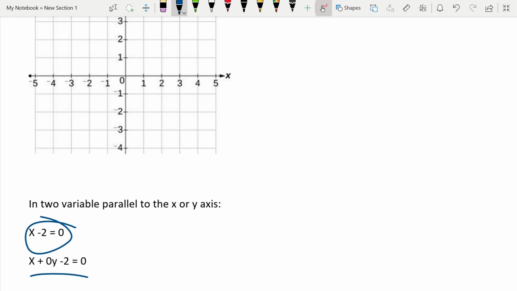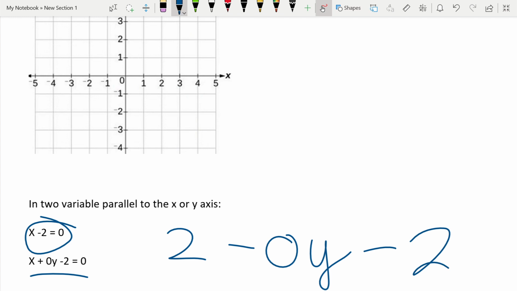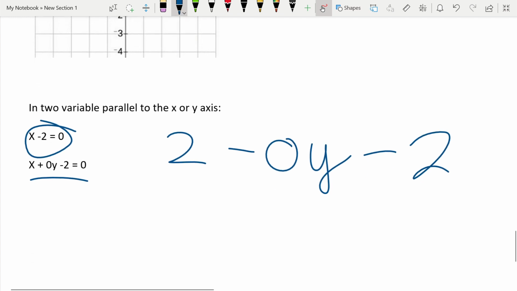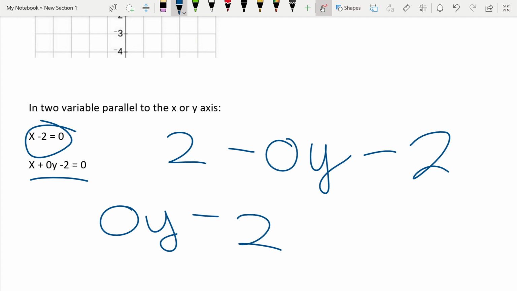So if x is 2, then y is 0. Now, you want only x on that side, so you want to move the 2 to the other side. So it's going to be x plus 0y is equal to 2. And 0y is 0.